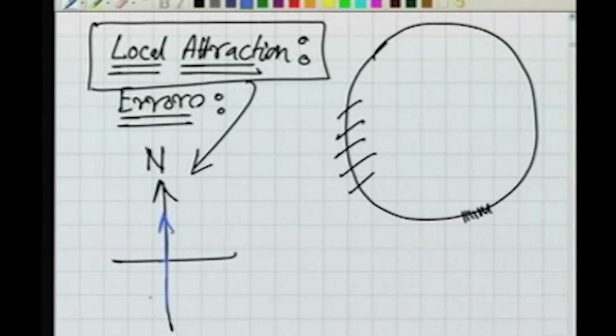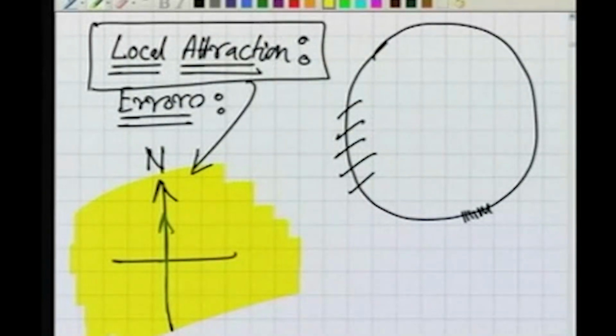The meaning of the local attraction is there are some other magnetic forces which are influencing the magnetic field in this area where we are working. In this particular area, there are some other magnetic forces. What will happen because of that? The Earth's magnetic field is working, and some external magnetic fields, maybe a transformer or something, are also working.